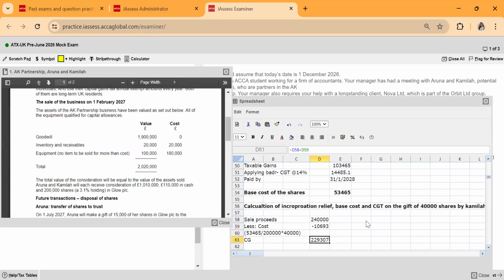Where did I put it? 53,465 divided by 200,000, right? If there is any wrong figure or calculation, please tell me.